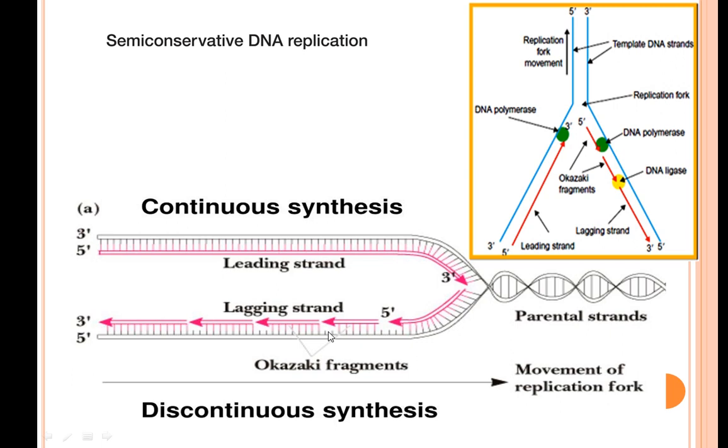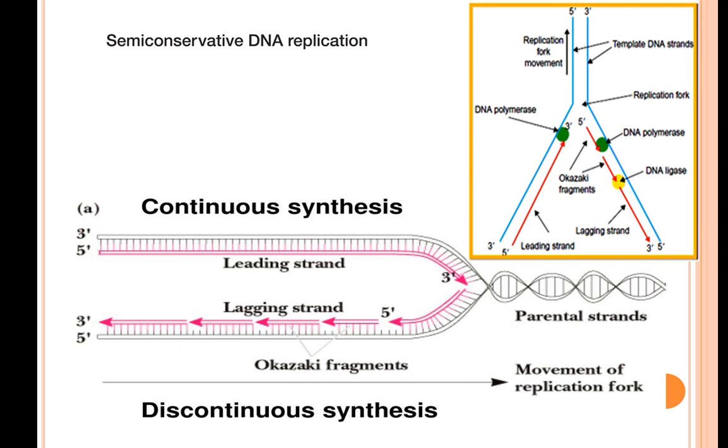Only fragments are synthesized, and these discontinuously synthesized fragments are known as Okazaki fragments, which are later joined by DNA ligase. Here you can see it. This strand is known as the lagging strand, and all the discontinuously synthesized fragments are later joined by the enzyme DNA ligase.